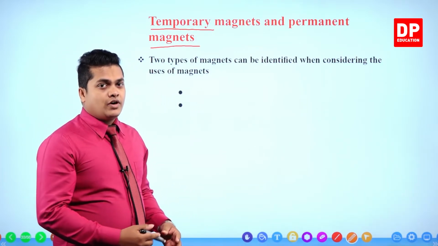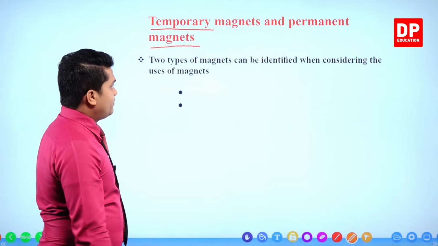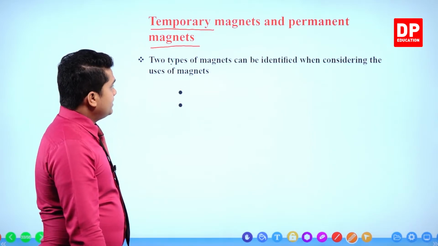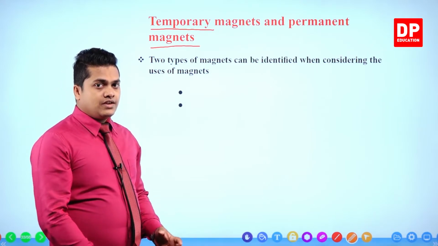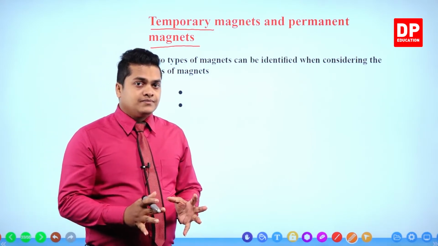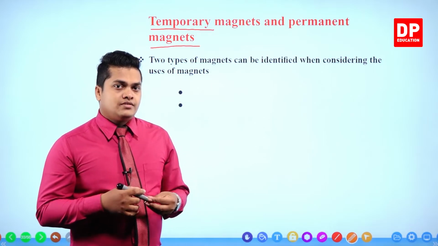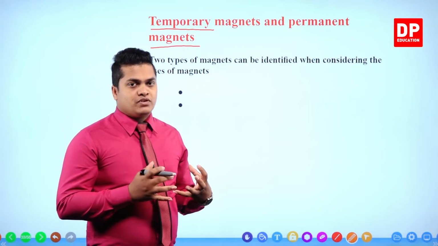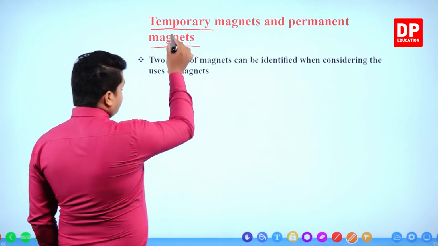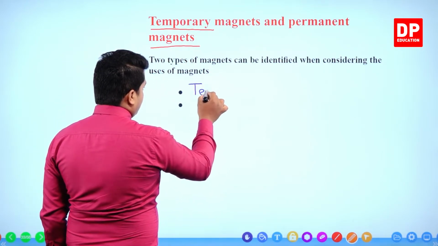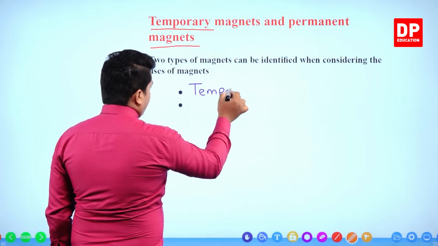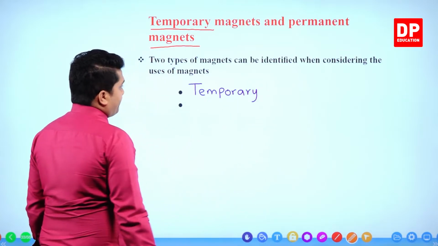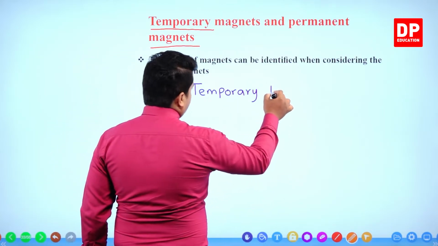So once again, you are given point C. There are two types of magnets. Two types of magnets can be identified when considering the uses of magnets. When we are applying the knowledge of magnets, there are two types of magnets. Number one, temporary magnets.